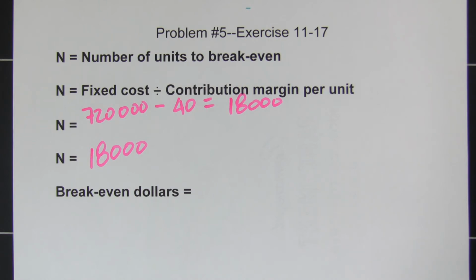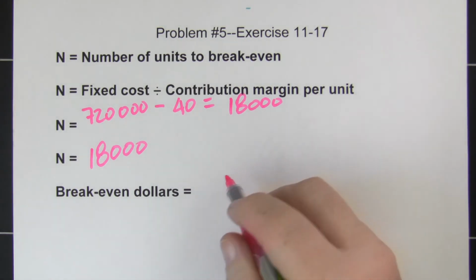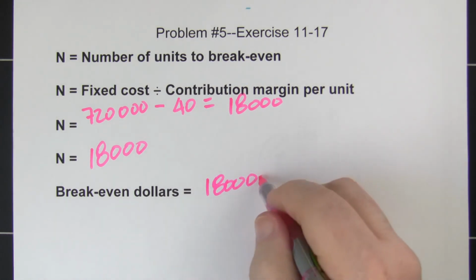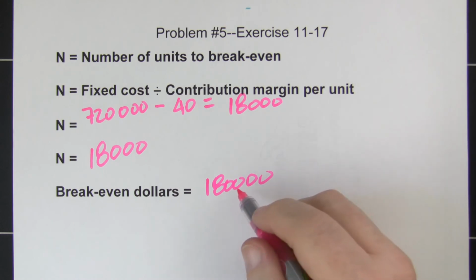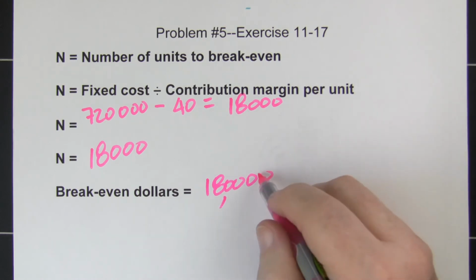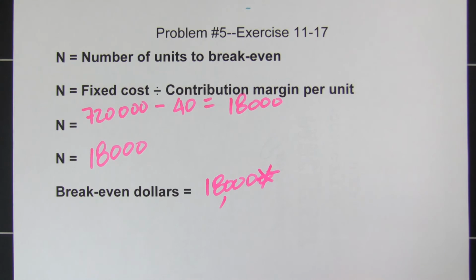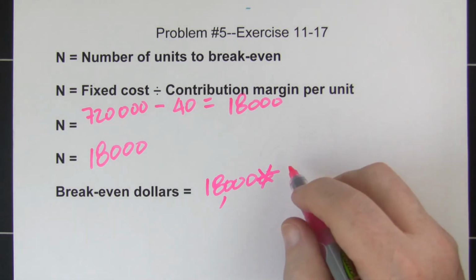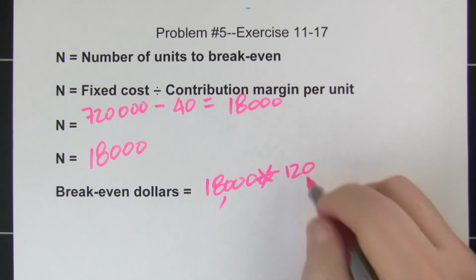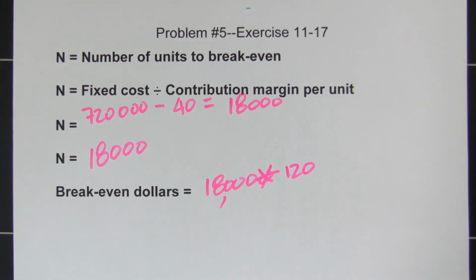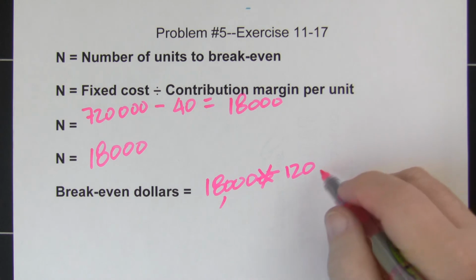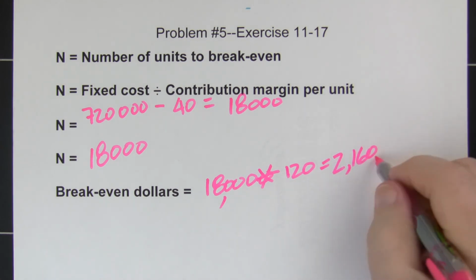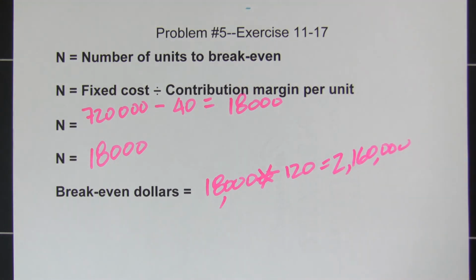Now, break even dollars, I take those 18,000 units and multiply that by the selling price, $120 per unit, and I come up with $2,160,000.